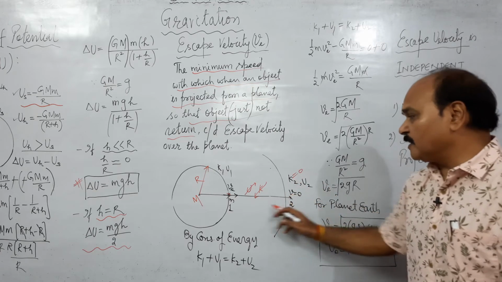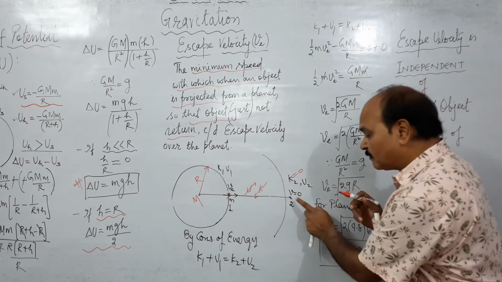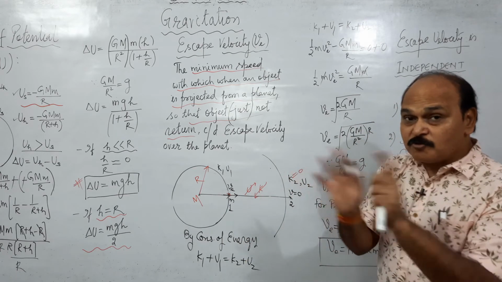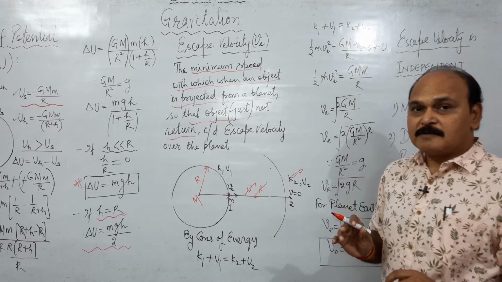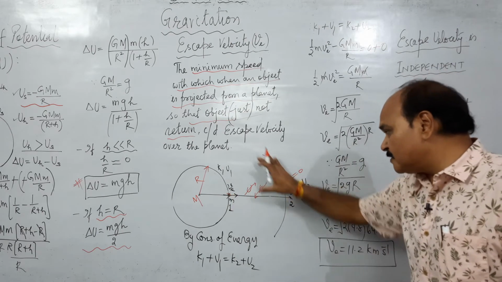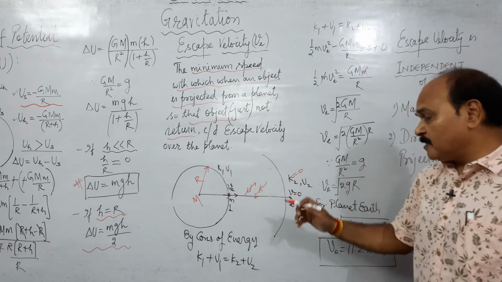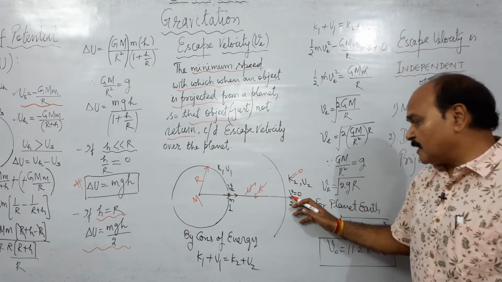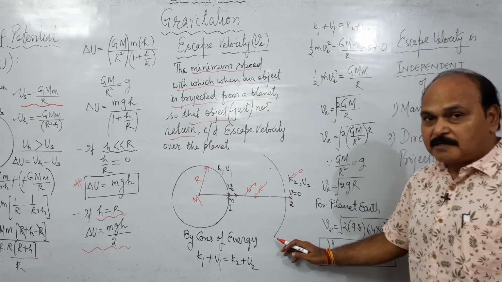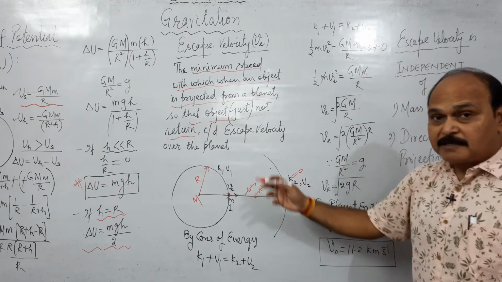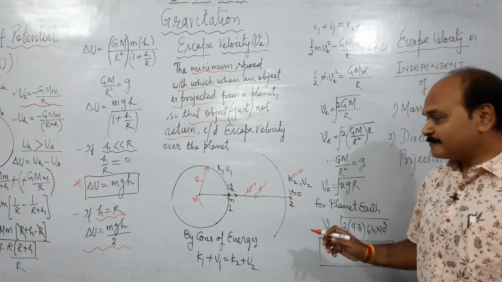The object would not return, because when it moves out of this region of influence of the planet, it is no more attracted. So if kinetic energy becomes zero anywhere in this region, the object will return back to the planet. But if the kinetic energy becomes zero when it is just outside this region of influence, this gravitational field of the planet, it would not return.